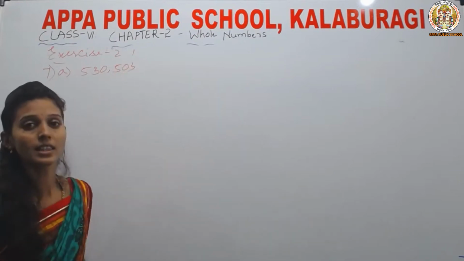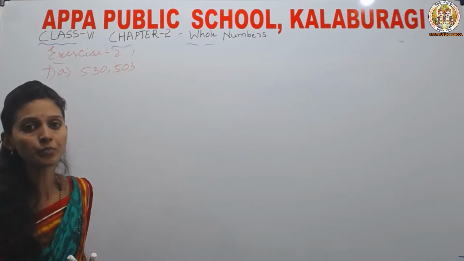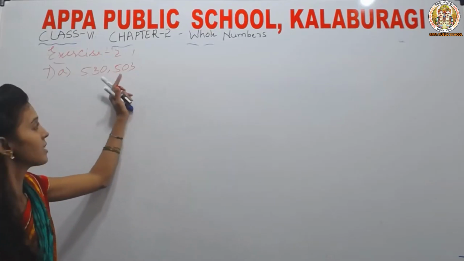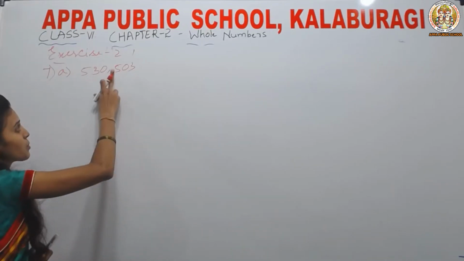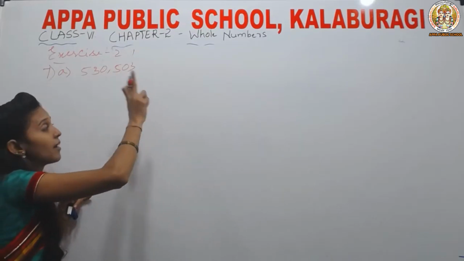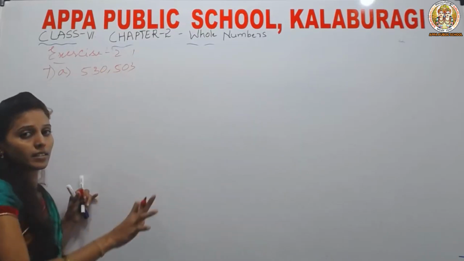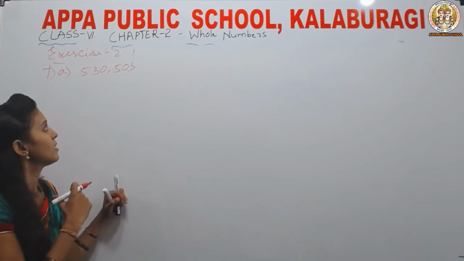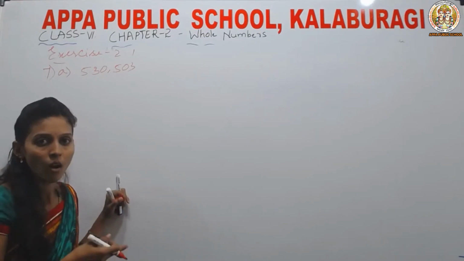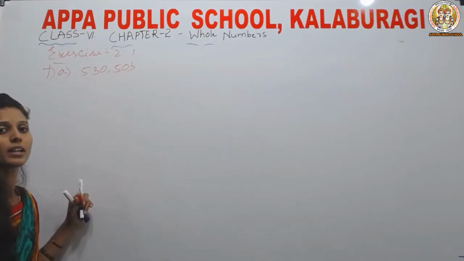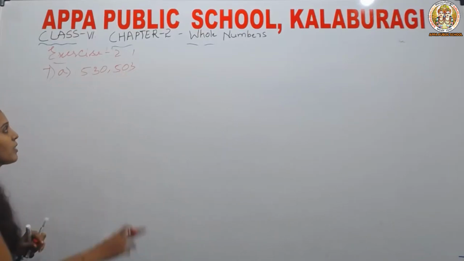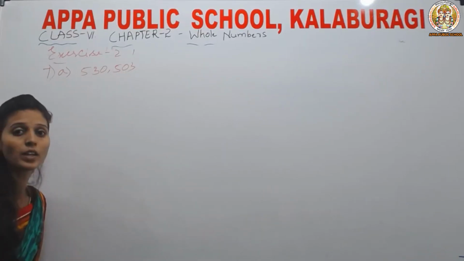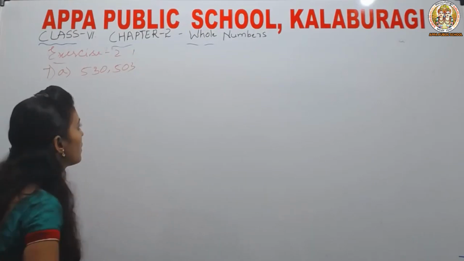Just now, as I said, the number with the smaller value will be on the left side. Which is smaller, 530 or 503? Obviously, 503 is smaller than 530, right? So therefore, 503 will be on the left side. Okay.